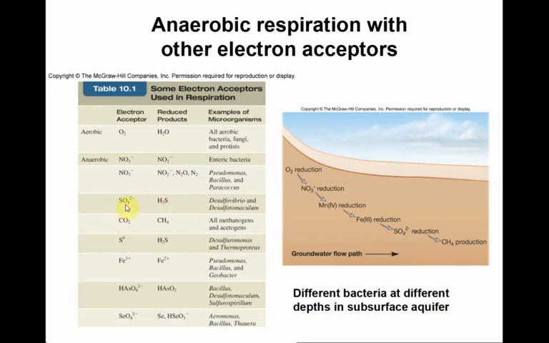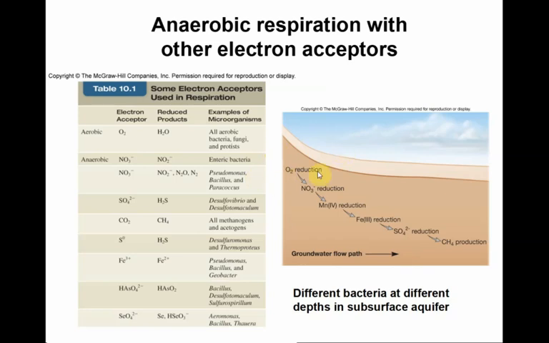So oxidized forms of sulfur can be used as electron acceptors. Oxidized forms of iron can be used as electron acceptors, and also quite unusual inorganic molecules like selenate and arsenate can be used as electron acceptors by certain types of bacteria. So in anaerobic environments, like in the water table, there's no oxygen present, but there are a lot of dissolved inorganic electron acceptors.